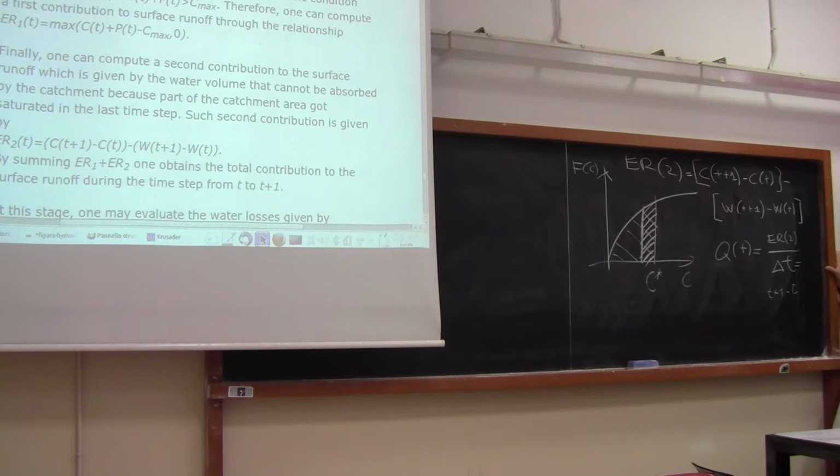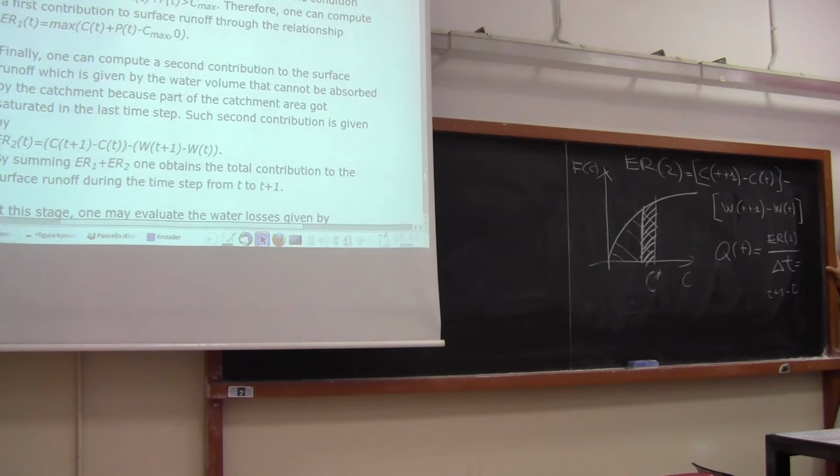The time step is usually dictated by the time step of observation of your data. So if you apply the model to hourly data, the time step is 1 hour, so you will have here 3600 seconds. If you apply the model to daily data, then the time step is 86,400 seconds.